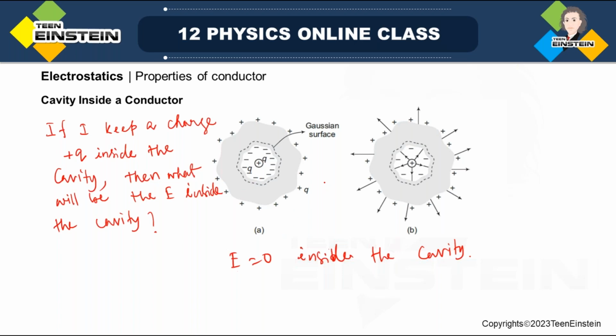Actually, to analyze, we can do two things. One is that, if I keep a positive charge Q, this is a conductor, suppose a neutral conductor. If it is a neutral conductor initially and you put a charge now, what happens near the surface of the cavity?